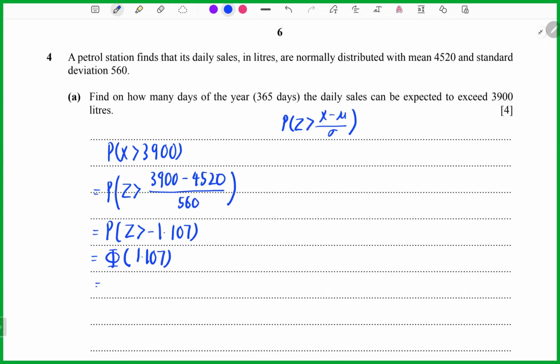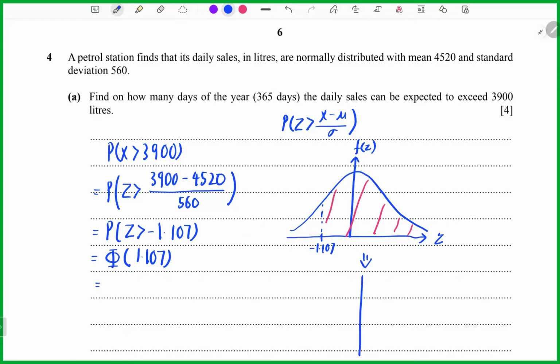So it equals this probability. Let me show you the graph first. Because now you see the z here is here. So actually it's more than z, but we can actually also use a similar graph.